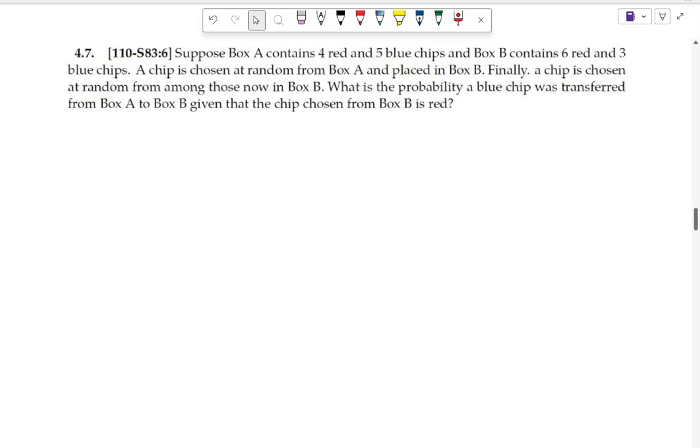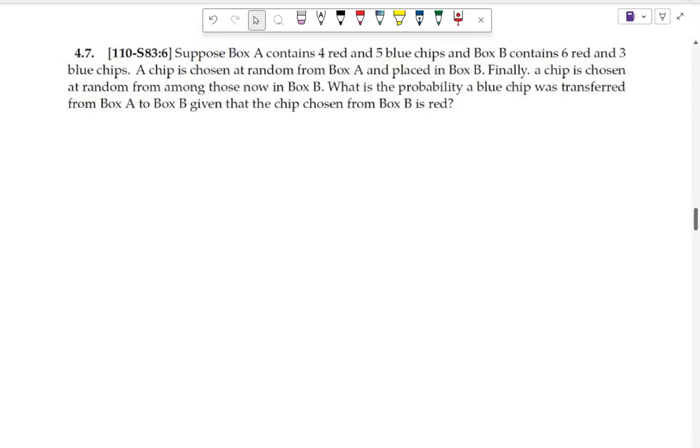All right, so let's see what this problem's asking us to do. You've got two boxes, A and B. You've got red and blue chips in both A and B. You're going to grab something from A, throw it into box B, and then pick something from B. So it says, what's the probability that you chose a red one from B, given that you picked a blue one from A to B?